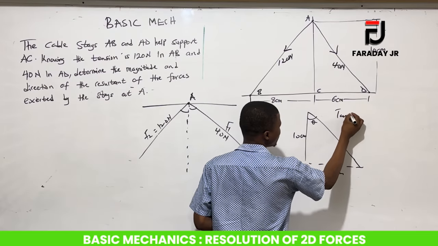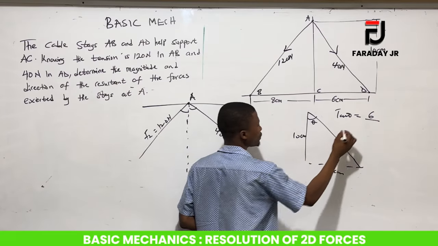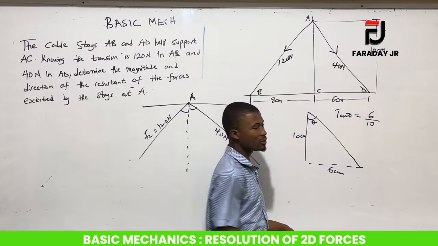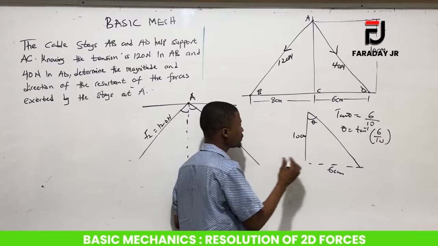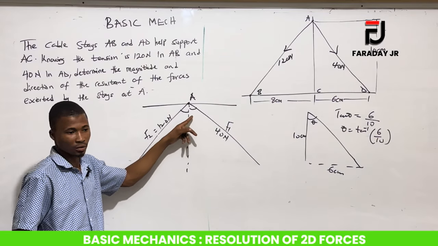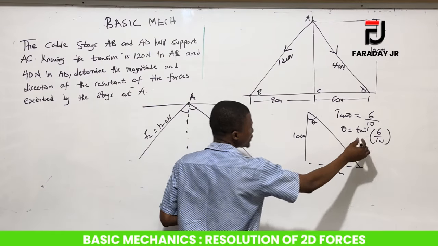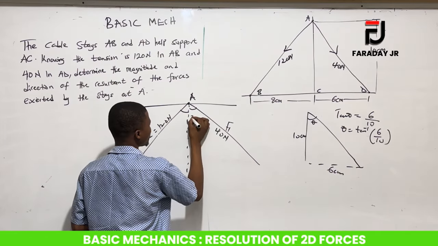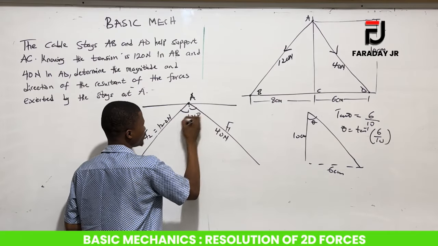So tan theta is equal to the opposite over the adjacent, which is 10. So theta will be equal to tan inverse of 6 on 10, which will give us the angle this one is making. Tan inverse of 6 over 10 gives us 31 degrees.